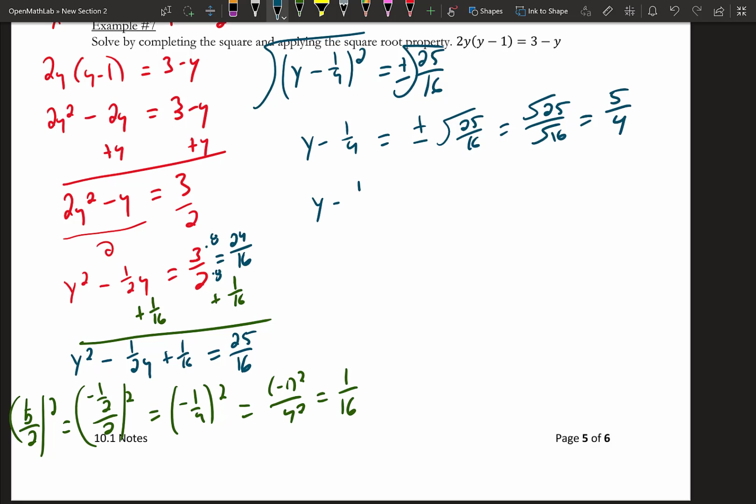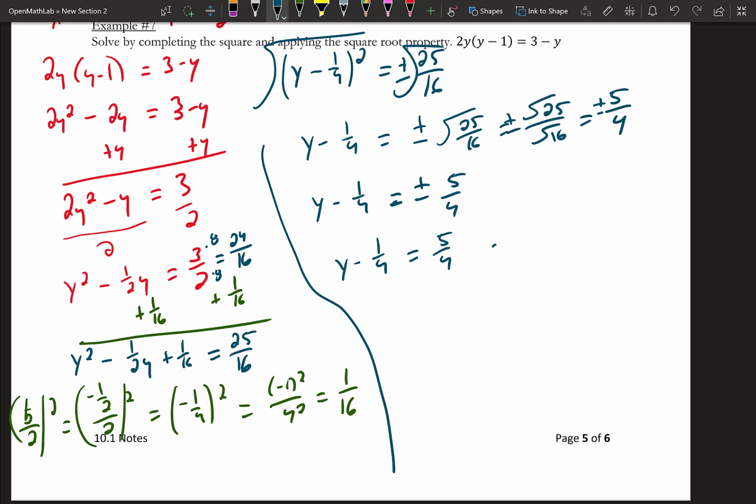So y minus 1/4 equals plus minus, I forgot the plus minus here, plus minus 5/4. So I'm going to actually split this apart. So we would have y minus 1/4 equals 5/4, or y minus 1/4 equals negative 5/4.